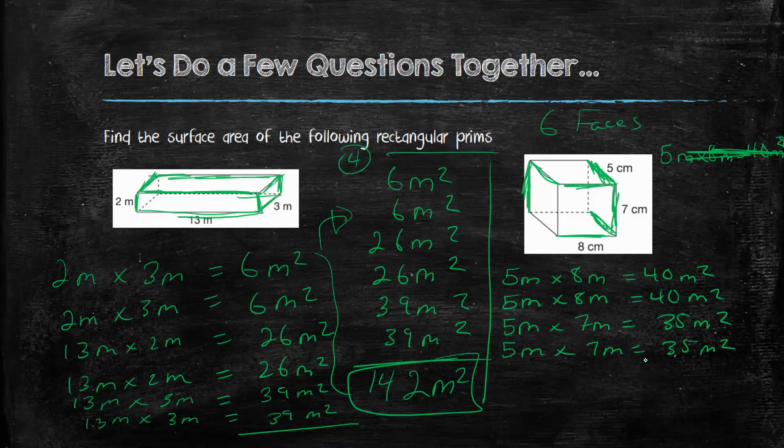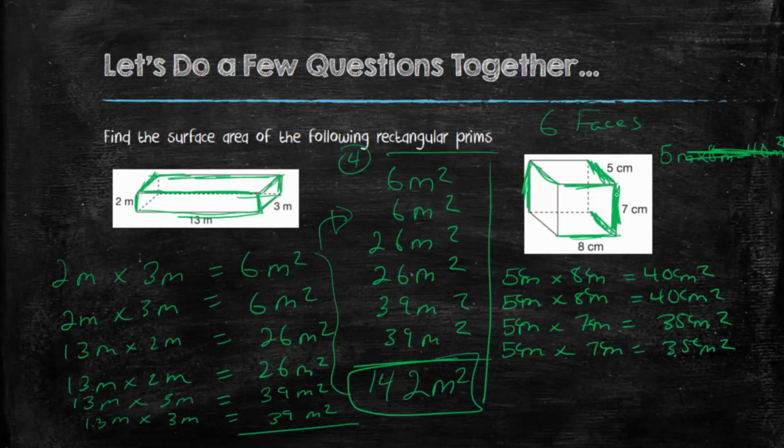Now, what's the third pair of faces? It's the 8 by 7. I've been saying meters this whole time. I'm sorry. This is actually all centimeters. My fault. Okay, so we've got the 5 by 8 and the 5 by 7.